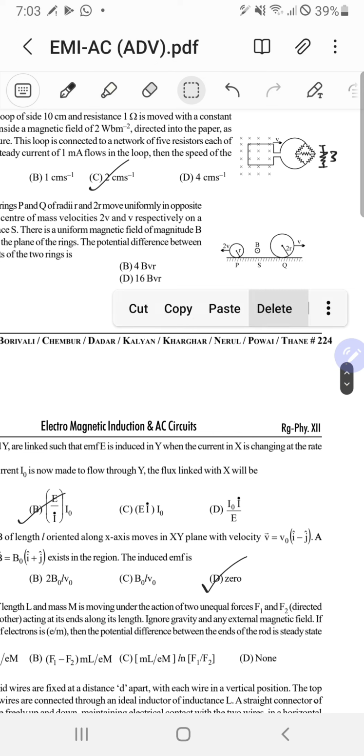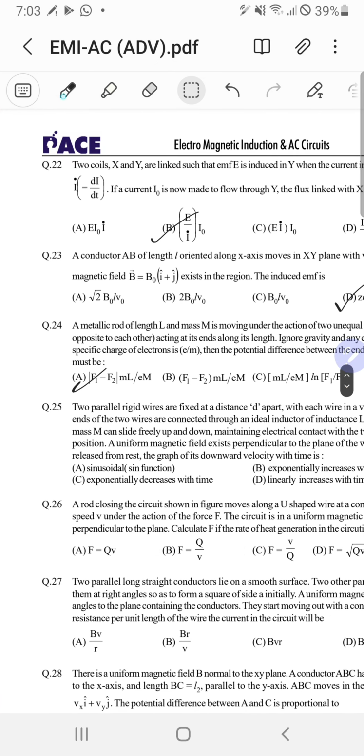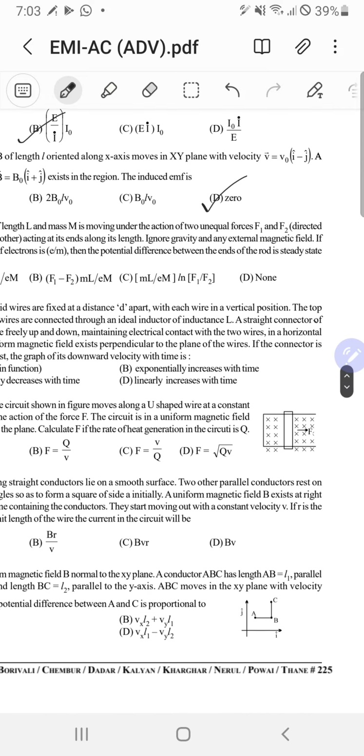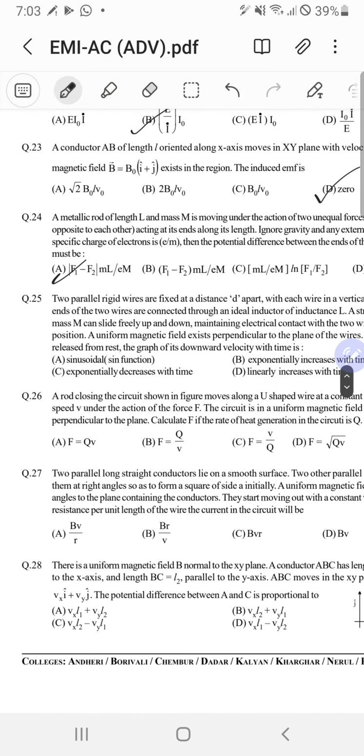But did we solve the problem? Let's look at the problem again. If the connector is released from rest, the graph of its downward velocity. So from rest, that means initially it's what? Its velocity was 0, right?